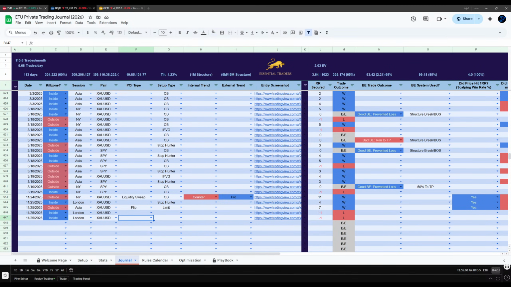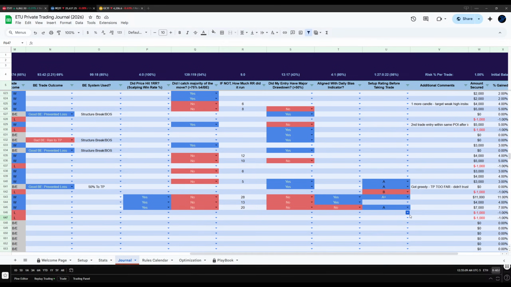So these 2 trades I took, let's see, what were they? I think this was off a liquidity sweep. Yeah, so this was off a liquidity sweep. And this is actually an A+ setup. I remember this. This is actually an A+ setup that I took a loss on. Both were A+ losses, so I was fine with these 2 losses.